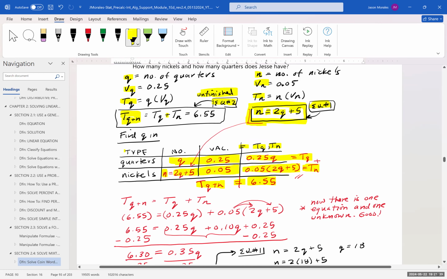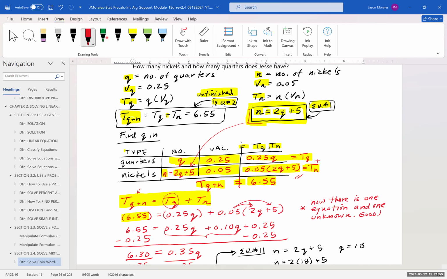So using this relationship between the total of both types of coins, we were told that the total value of both was $6.55. The total in quarters is what I've got right here, 0.25Q, plus the total in nickels.